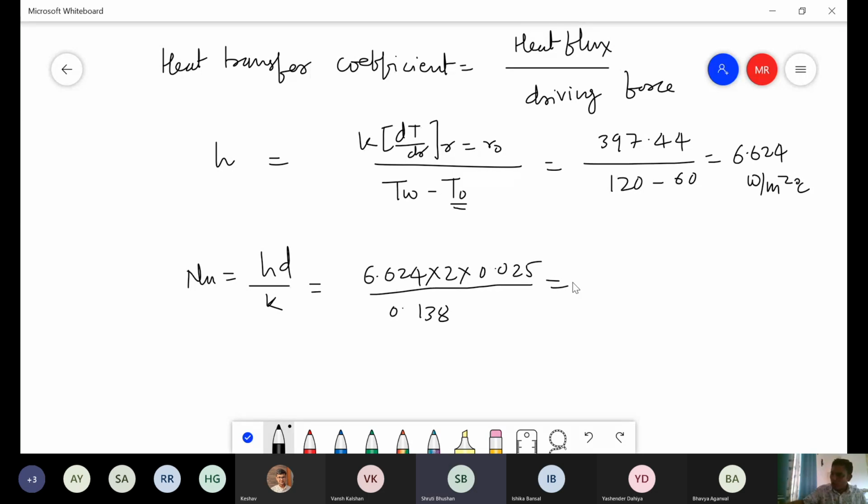So this comes around 2.4. Let me just write down. 2.4 is the Nusselt number. Okay. So let me just correct it. This is 6.624 into 0.025 into 2 divided by 0.138. So this becomes 2.4. Okay. Perfectly all right. Okay. So can we move to the next part?